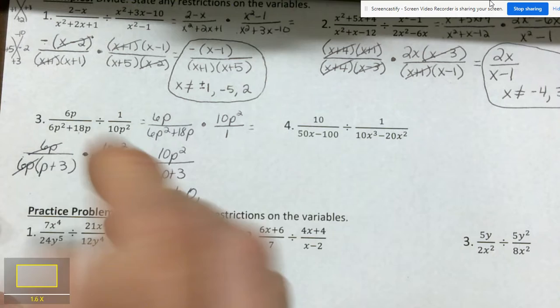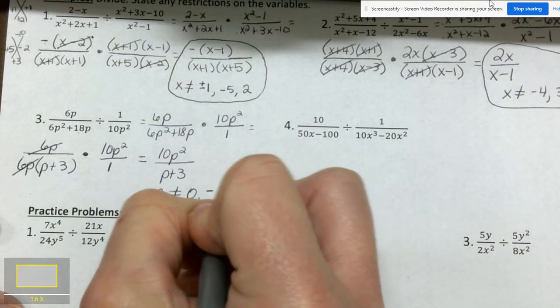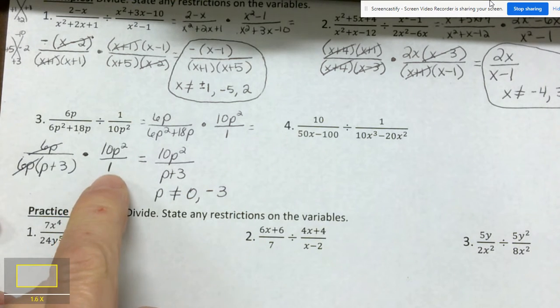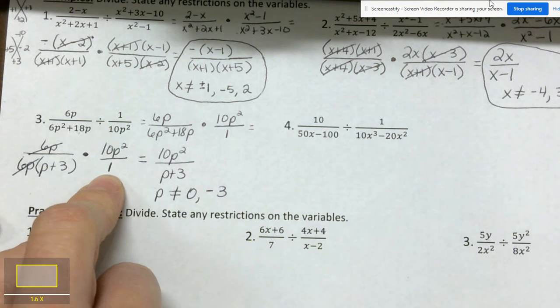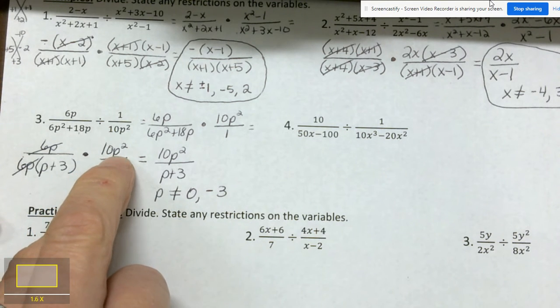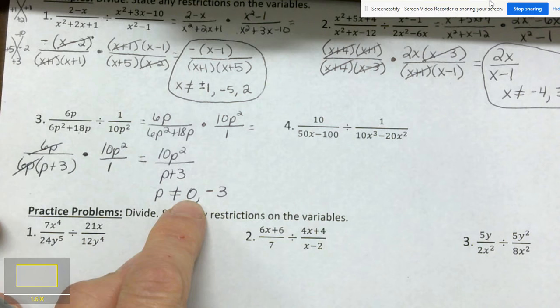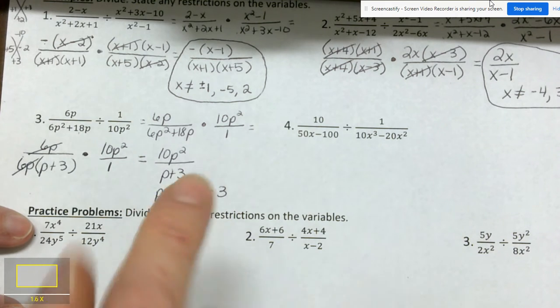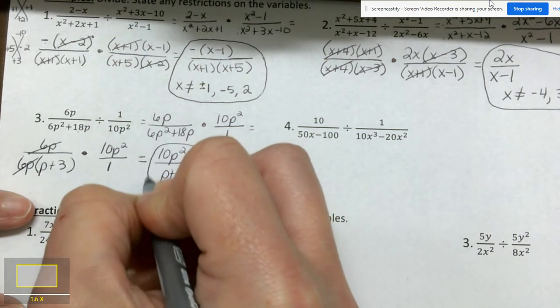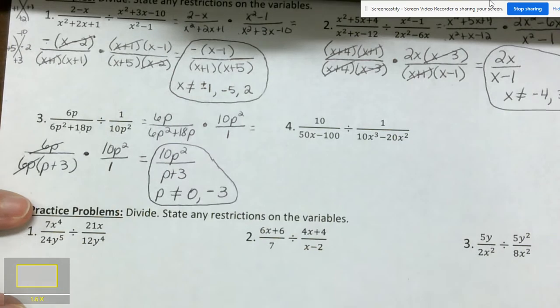Well, that would be a negative 3, so p can't be negative 3. This one is just a 1. There's no variable there, so I don't have to worry about it. But up here, in order to get a 0 for 10p squared, that p would have to be 0. And I've already listed 0, so I don't have to list it again. So this would be our final answer with our restrictions.